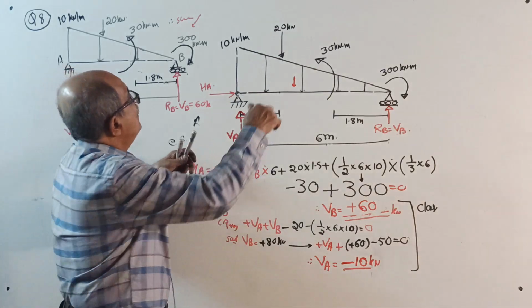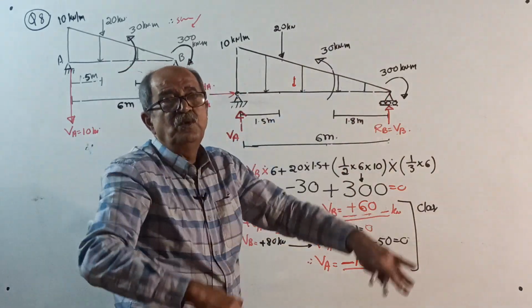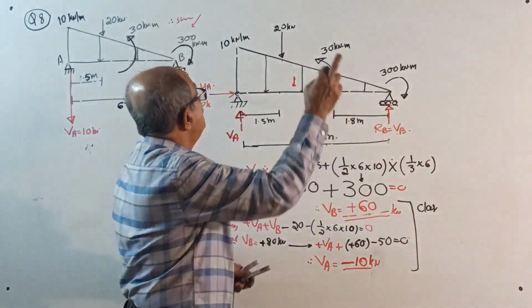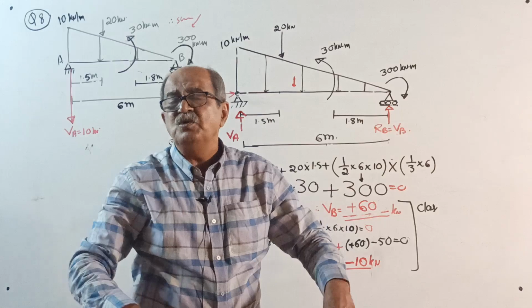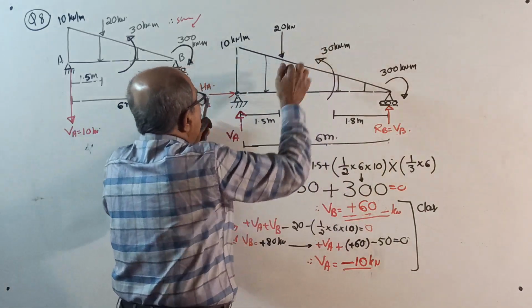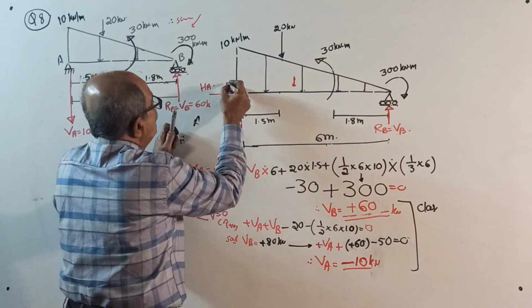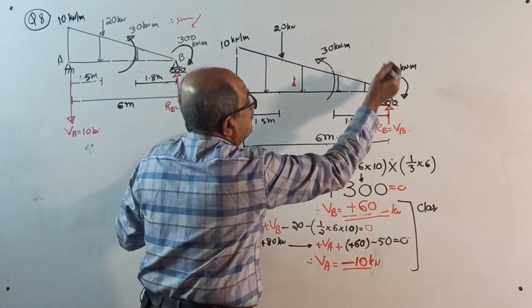See, due to 20, both supports are being pushed down. Up reaction will come. Due to UVL also, both supports are being pushed down. Up will come. This anti-clockwise 30 will push support A down, so up will come, but it will try to lift the support B up.